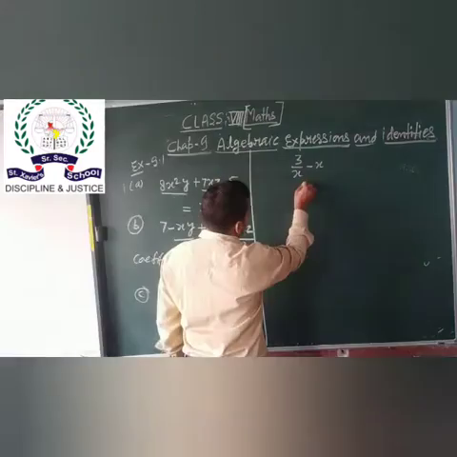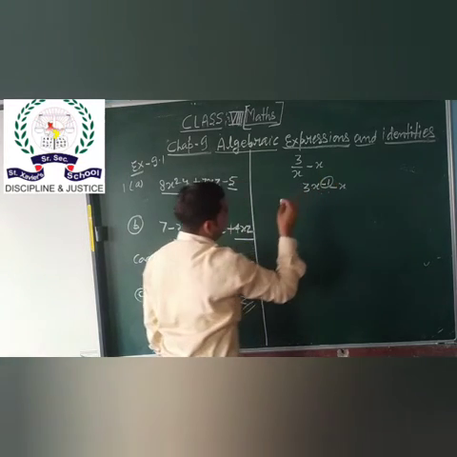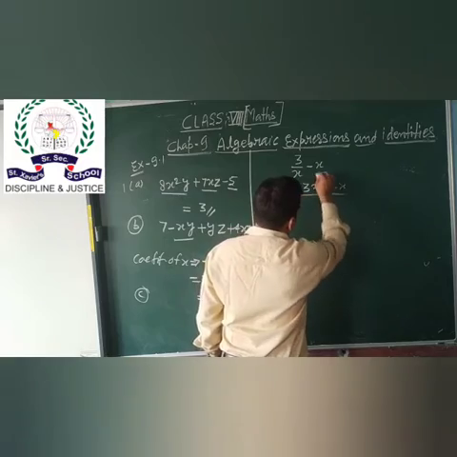When we solve, we can write it as 3x to the power minus 1 minus x. This has a negative power, so it is not a polynomial.